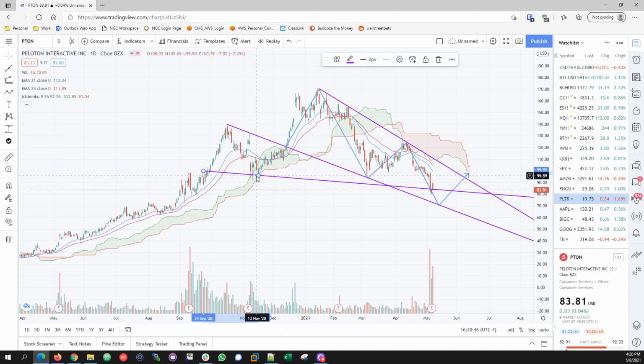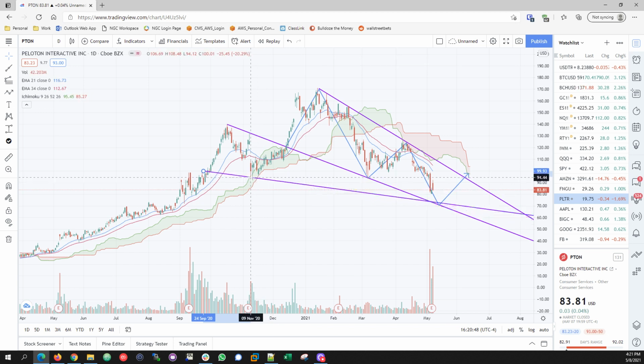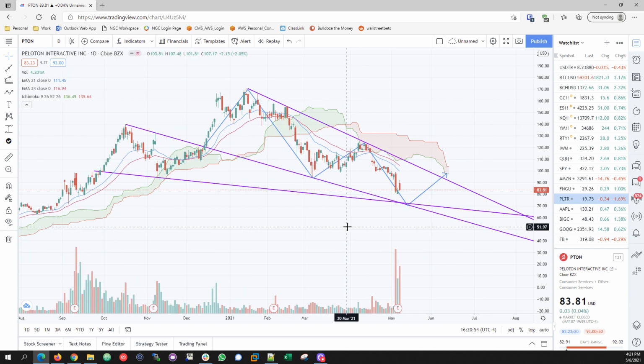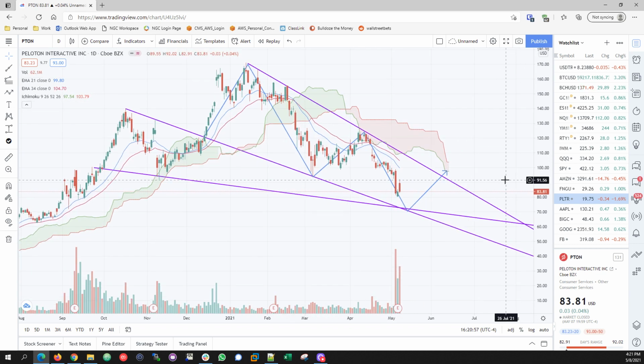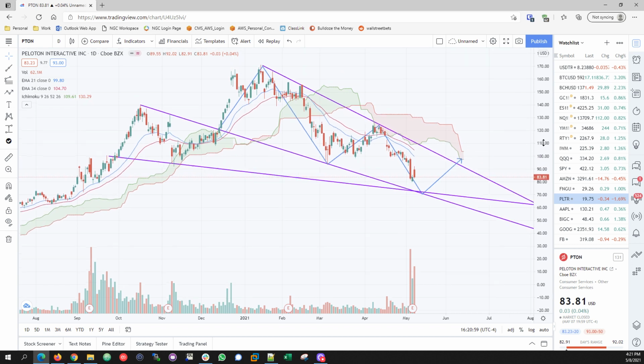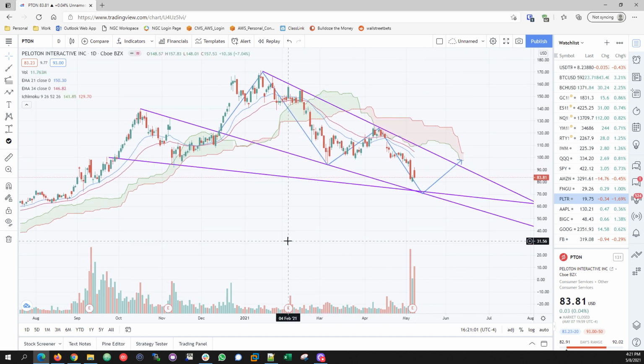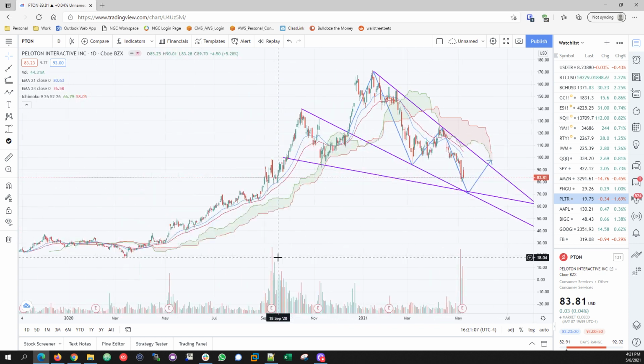I know Peloton users use it regardless of whether they go to the gym or not, and I'd rather work out at home than go to the gym. Not because of COVID reasons, it's just that I'm too lazy to drive there and come back. So my target would be 71 and then a bounce. Either way, I played this angle, either way it's pointing me to 70.